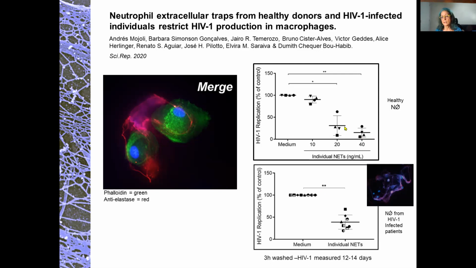And this is NETs stimulated from healthy donor neutrophils. And here is NETs from neutrophils from HIV-infected patients. And we can see the same effect of these NETs in this setting, meaning that neutrophils from the patients produce NETs, and those NETs have the same effect as the NETs from the healthy donor neutrophils.